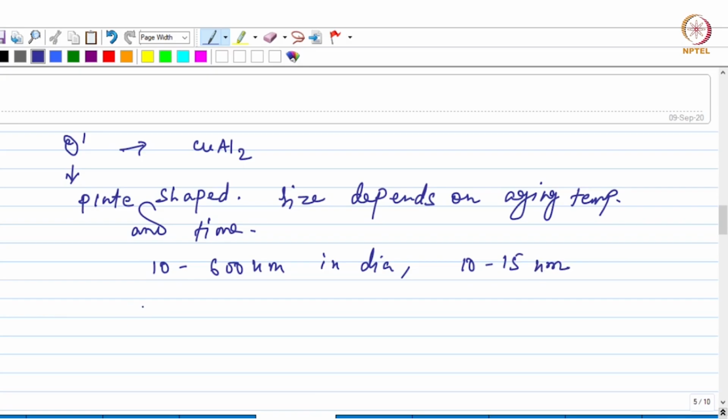And these precipitates are semi-coherent with the matrix, and therefore result in coherency strain, as we have discussed before.